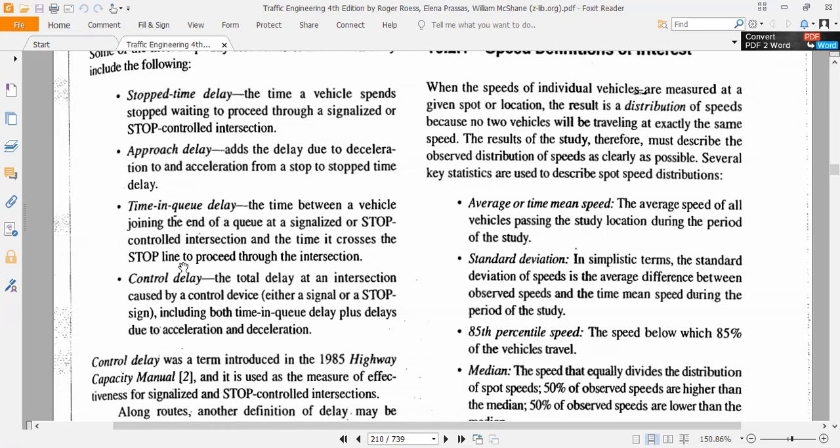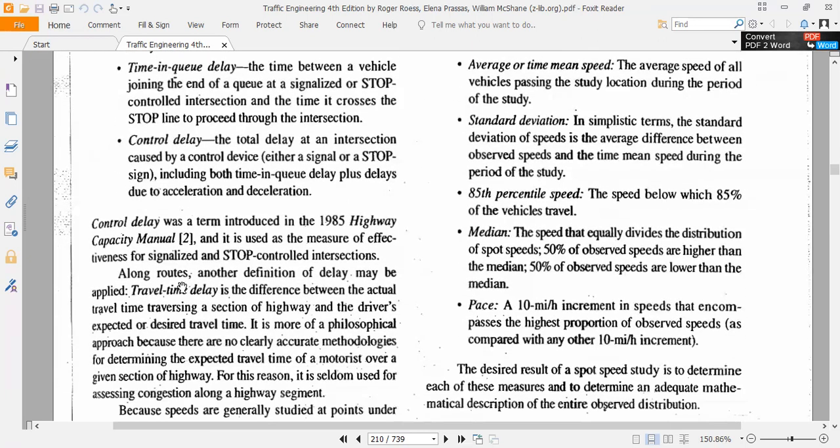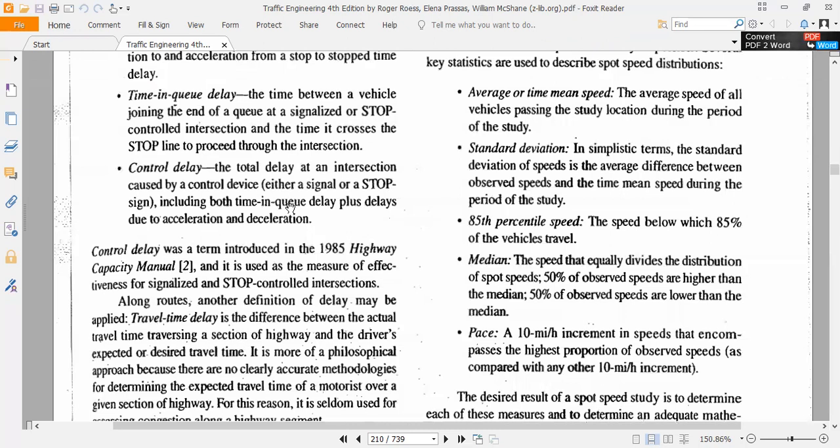So this is known as time in queue delay. The last one is the control delay. It is the total delay at an intersection caused by a control device. You are standing at an intersection, and the delay is caused by a control device. It can be either a signal or a stop sign, including the time you spend in the queue, plus delays due to acceleration and deceleration.